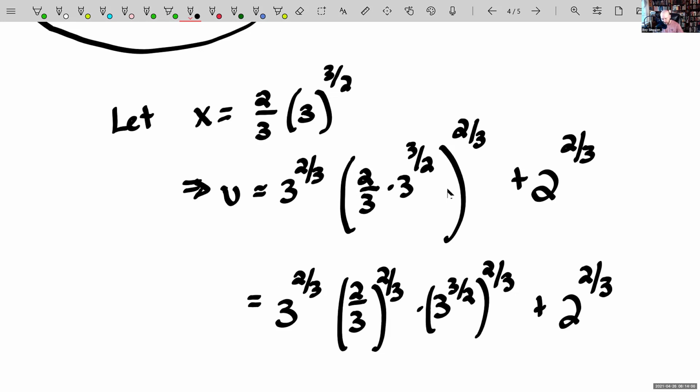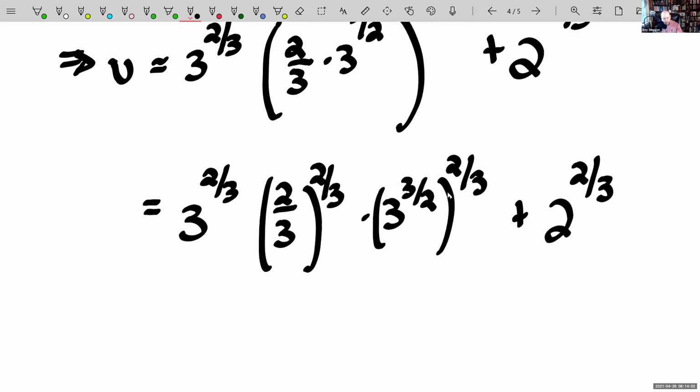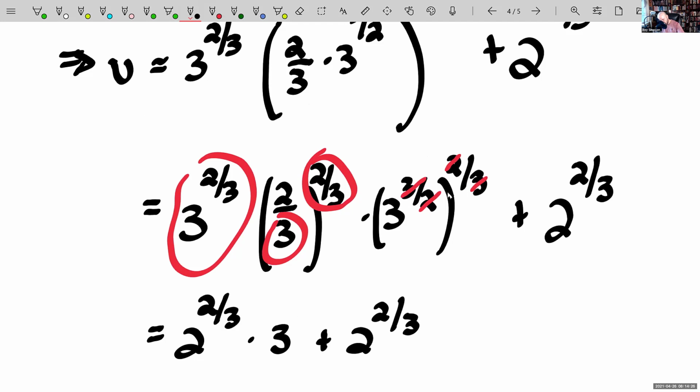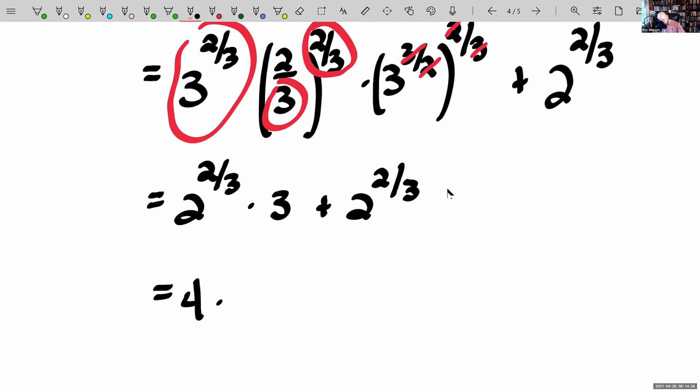It's a little bit of mechanical work, but you can see beautifully. Remember, powers to powers multiply, so these 2's will cancel, those 3's will cancel. You get a 3 there. You have a 3 to the 2/3 here, but it's multiplying by, or basically dividing by 3 to the 2/3 there. So those 2 cancel. So you get the following: 2 to the 2/3 times 3 plus 2 to the 2/3, or in other words, 4 of those 2 to the 2/3 power.